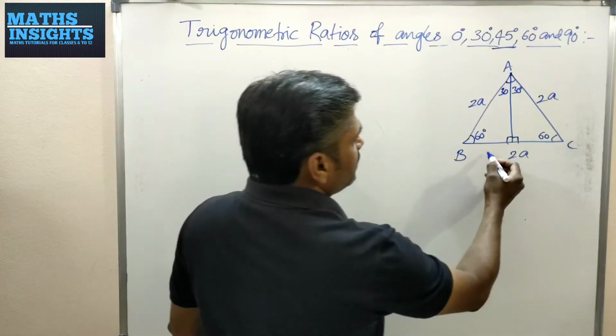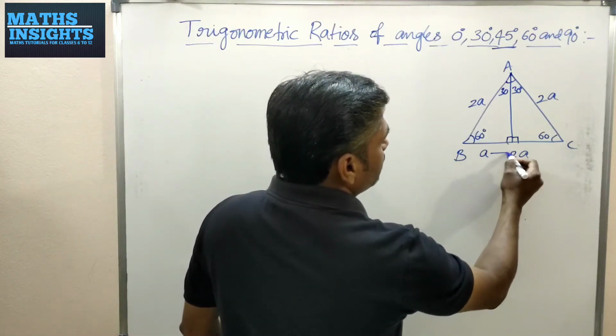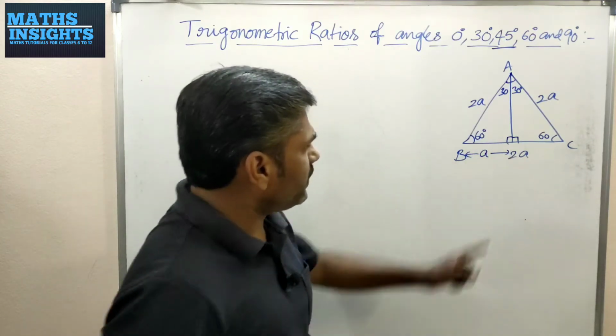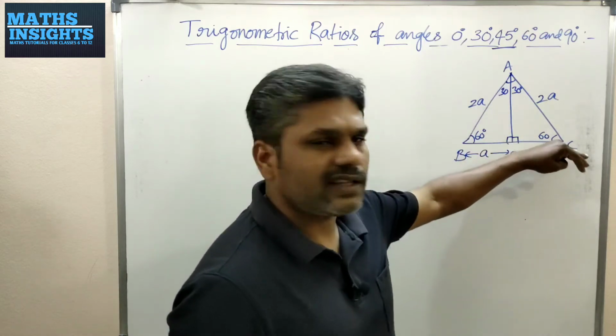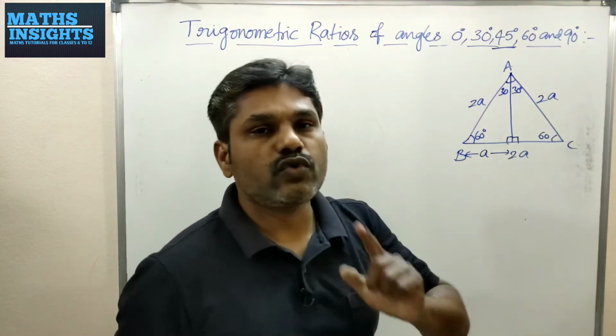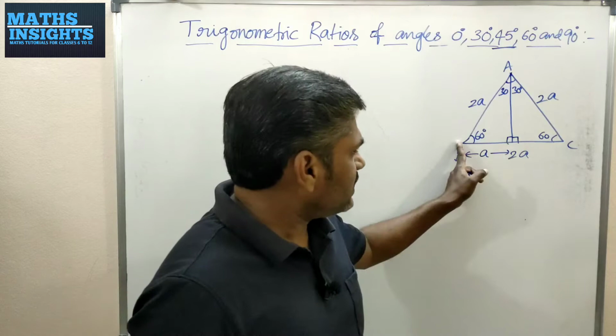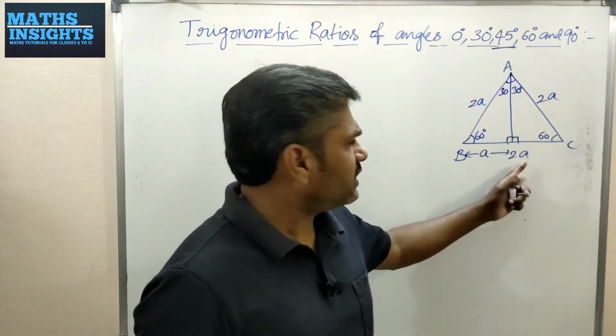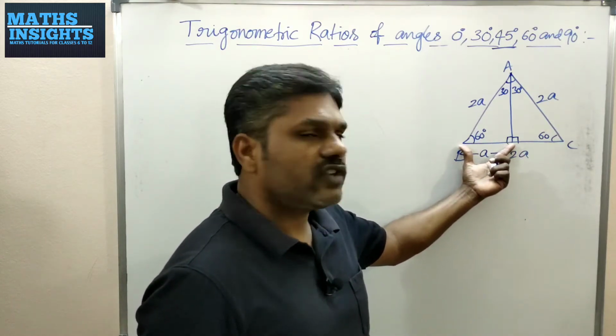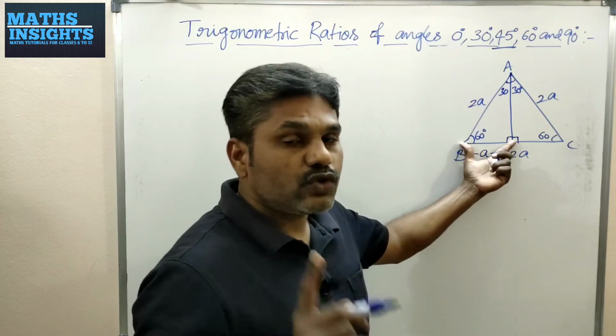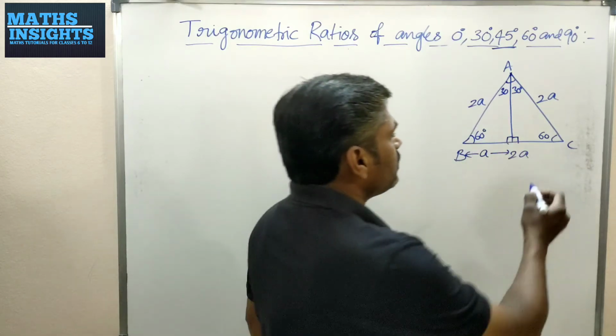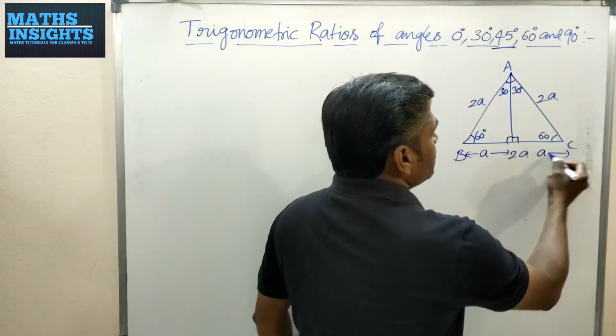Then this perpendicular will bisect the side BC into two equal halves. Since the length is 2a units, this length will become 2a by 2, which is equal to a. Here also you will get a.